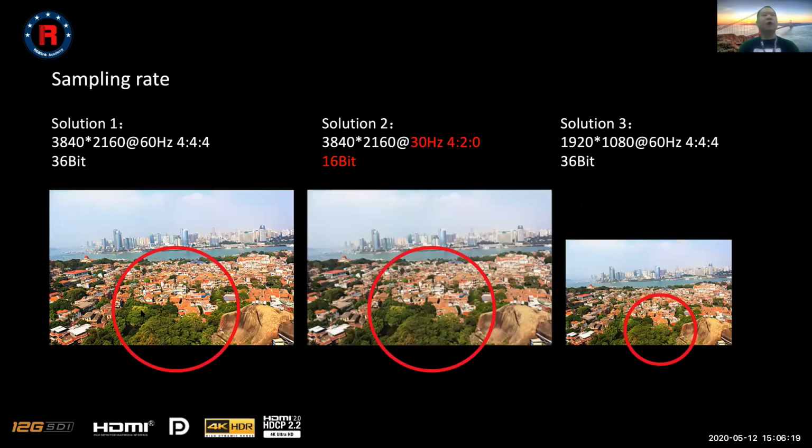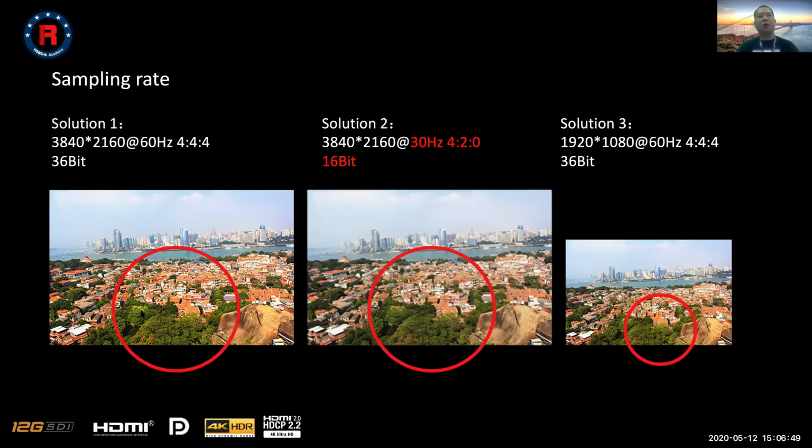The 4K content will be produced at different sampling rates. For example, the best sampling rate is 4K 2K with color space 444, and the processing bits is 36.